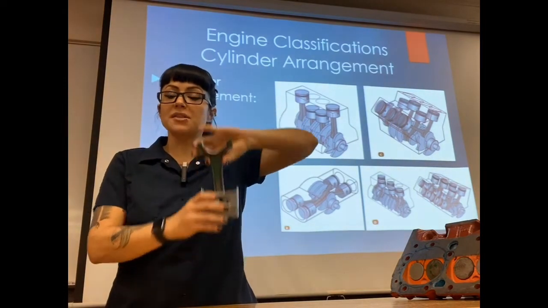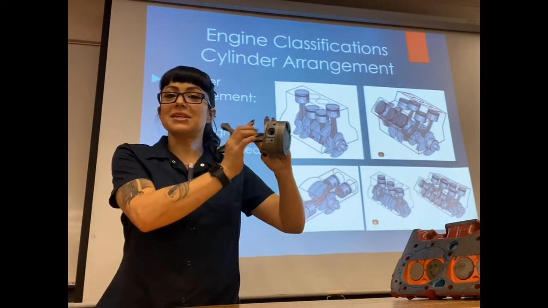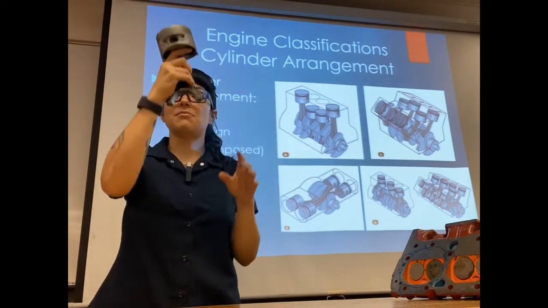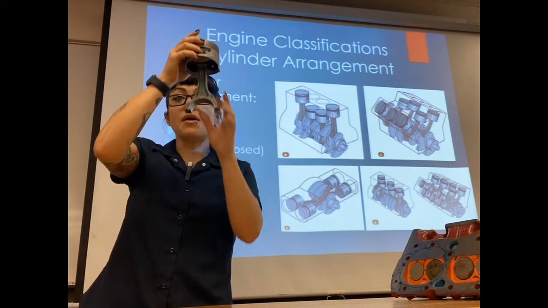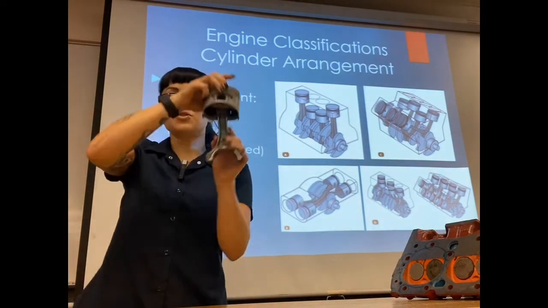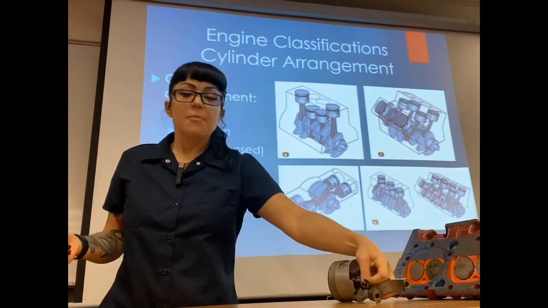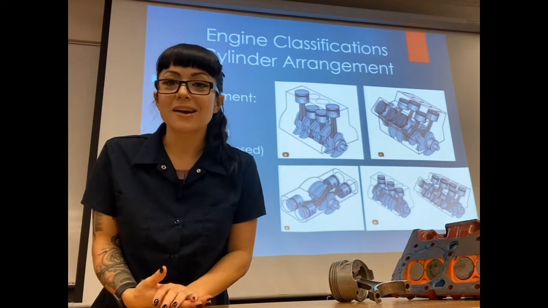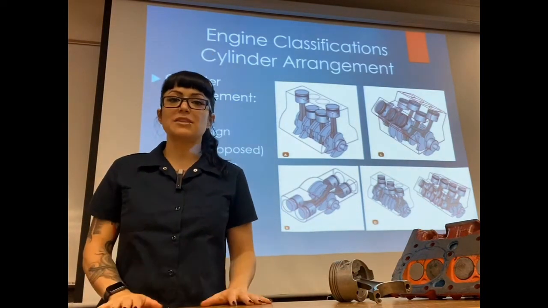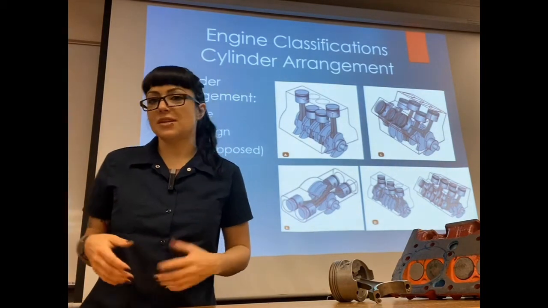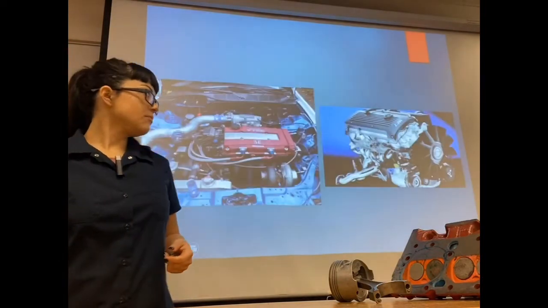Some pistons move upside down, some move sideways, some move directly up and down, and they're all arranged in a circle, hence the term radial. But those are meant to turn a propeller, not a transmission. Size-wise, radial just doesn't work well for cars.